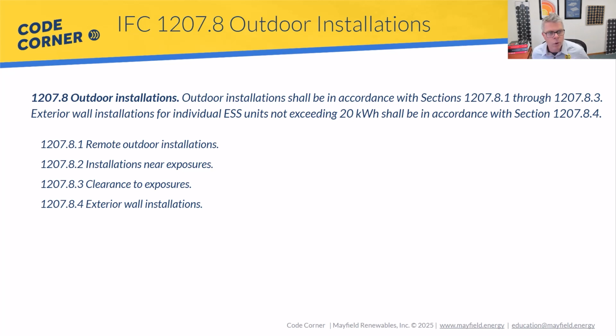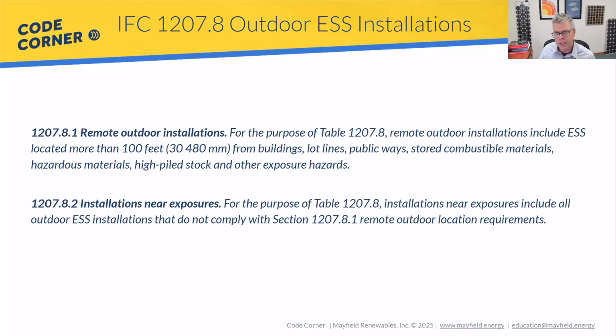So you see 8.1 through 8.4 there, our subsections, and we're going to first define remote installations and installations near exposures. And then we'll talk about what these clearances look like and how to apply the tables in 1207.8. So first, let's talk about what is a remote installation, what is an installation near exposures.